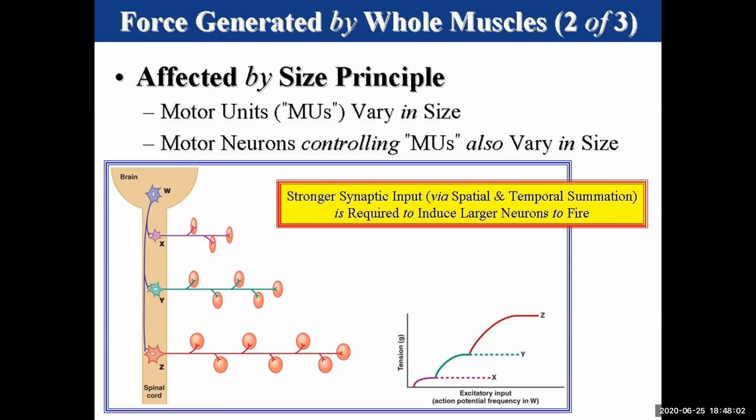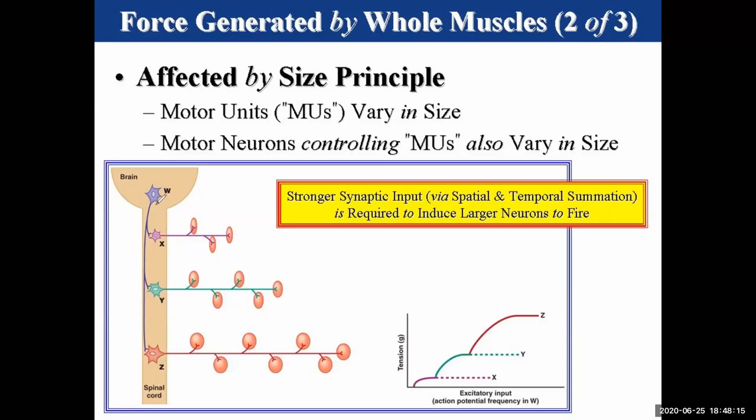That's nothing new. We learned that also. Let's make sure that we have it down here. So W, which is the neuron in purple, I hope it's purple, that's the upper motor neuron.